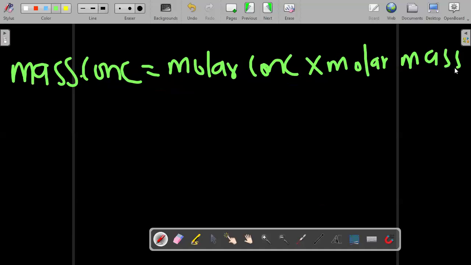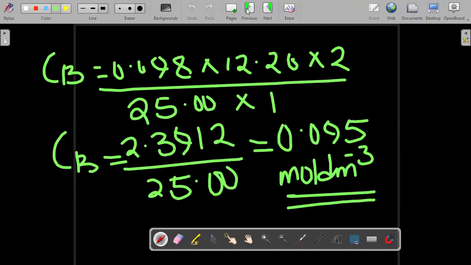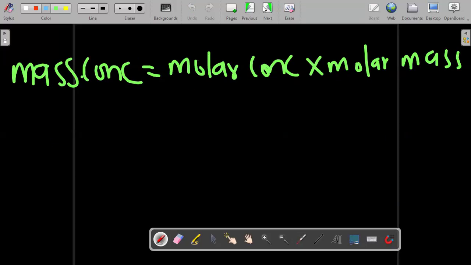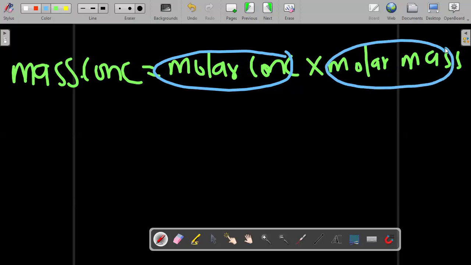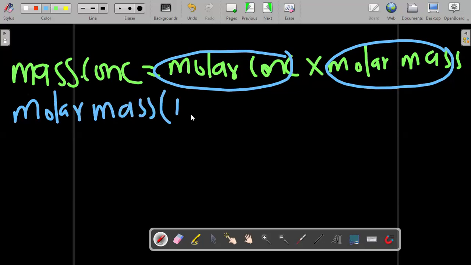We have calculated the molar concentration of the base already as 0.095. So that is the molar concentration. What about the molar mass of the base? I need it. So I will now find the molar mass of sodium hydroxide. Sodium hydroxide is the base.